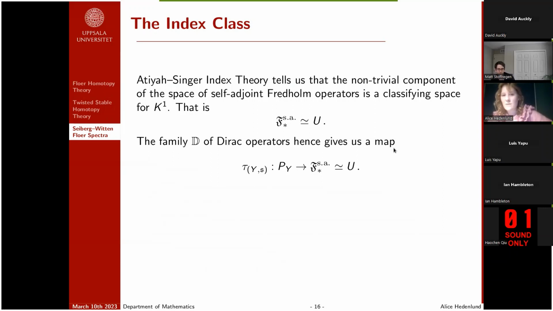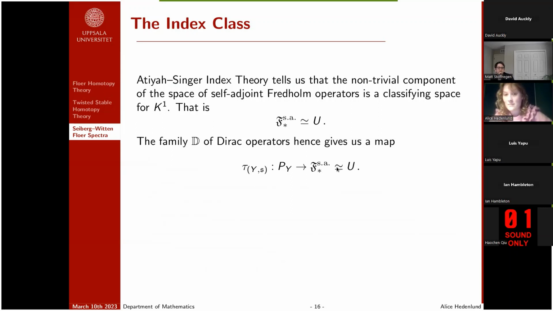That gives me a map from the Picard torus: each point on the Picard torus gives me this d sub lowercase a, which is a self-adjoint Fredholm operator.